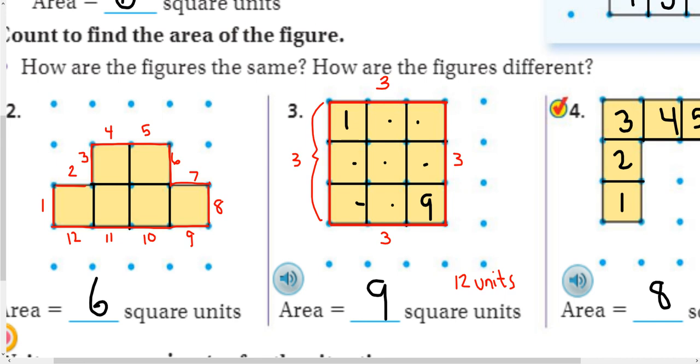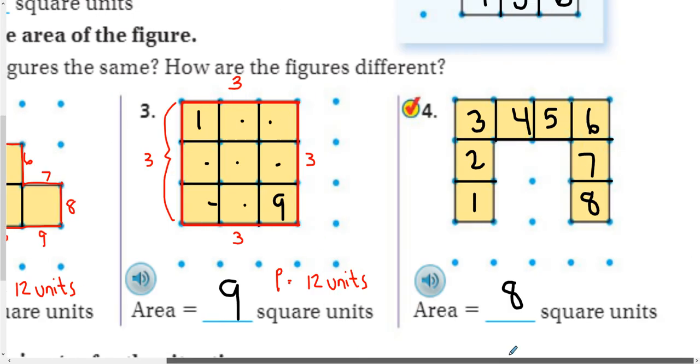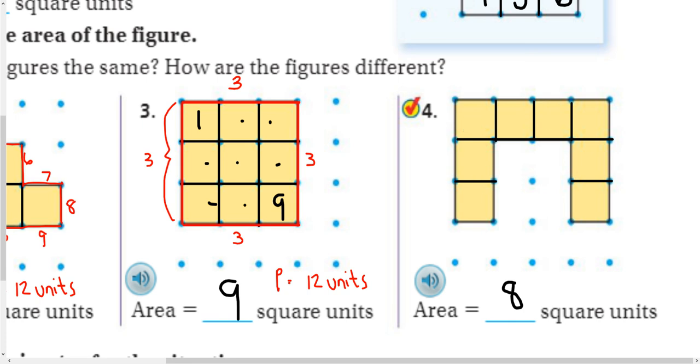Okay, and our first example, same thing. The perimeter was 12. Now things get kind of tricky over here with this one because we have so many inside and outsides right here. So let's go ahead and give it a count. We have 1, 2, and 3 right here.